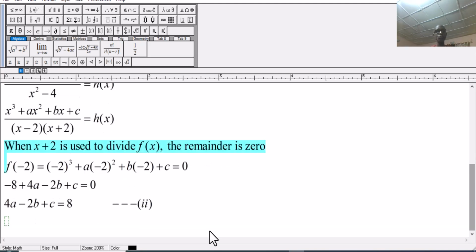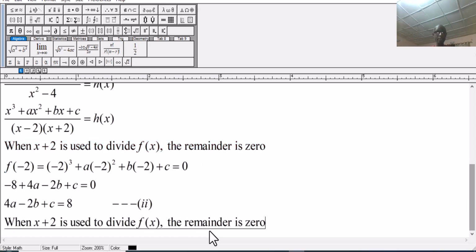Now we move forward. So when x minus 2 is also used to divide f of x, the remainder is also 0.